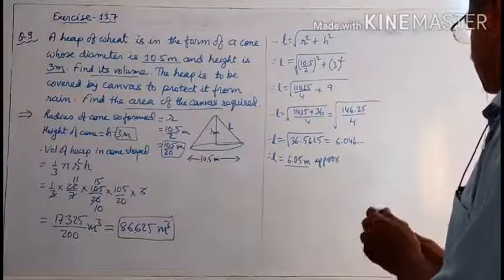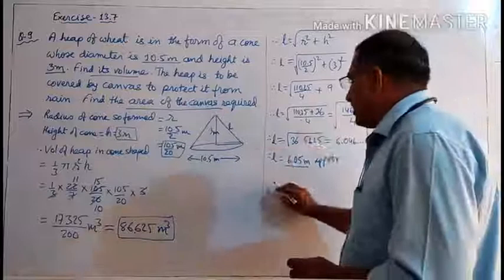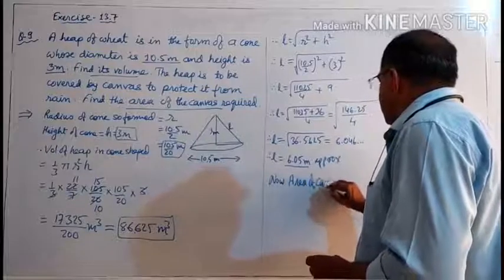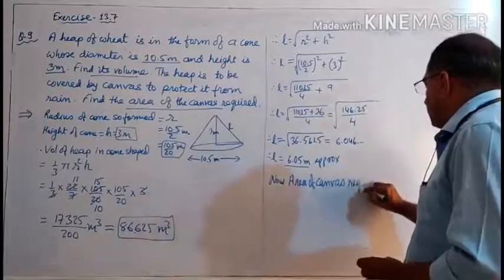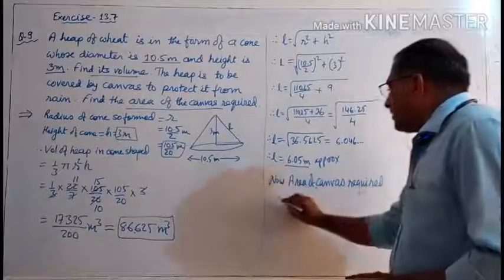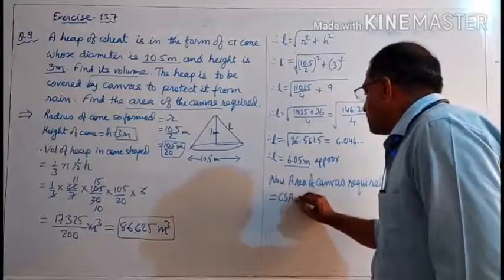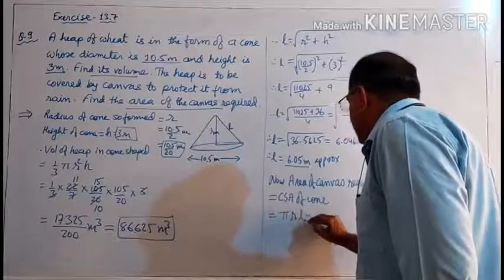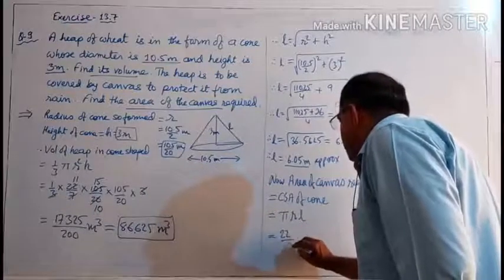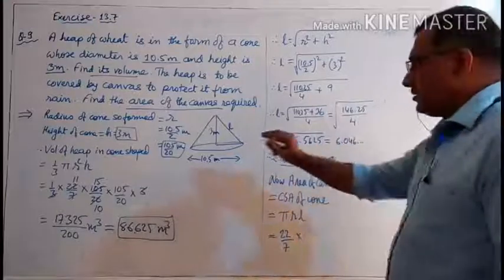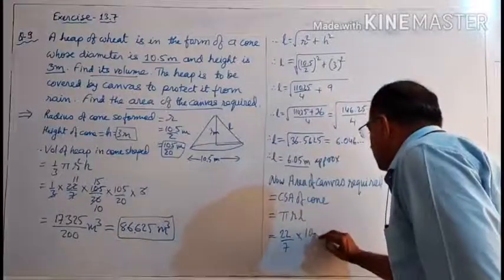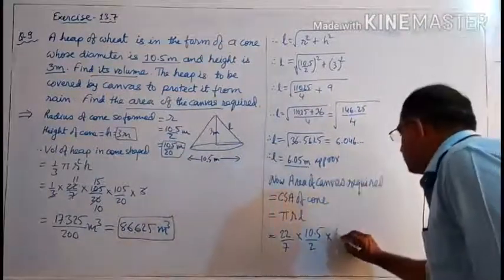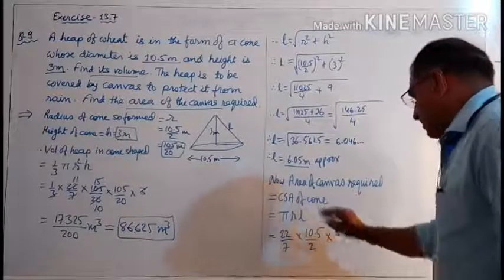Now our question is to calculate the area of canvas required. The area of canvas required is equal to the curved surface area of the cone, that is pi r L. Pi is 22 by 7, the radius is 10.5 divided by 2, multiplied by 6.05, the slant height.